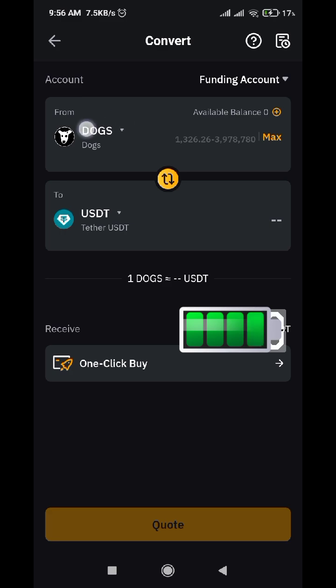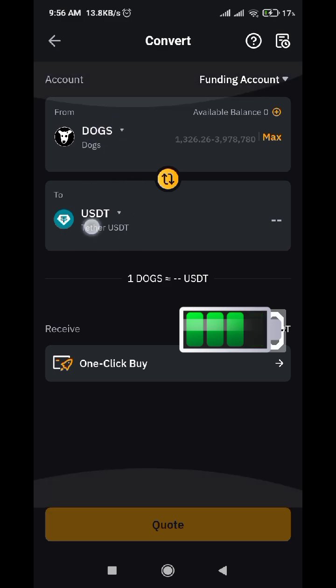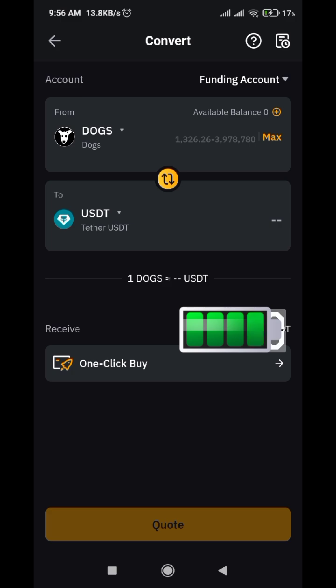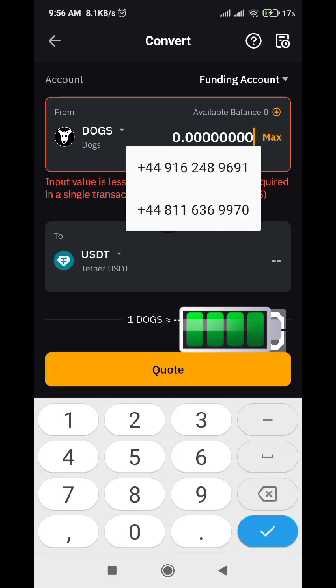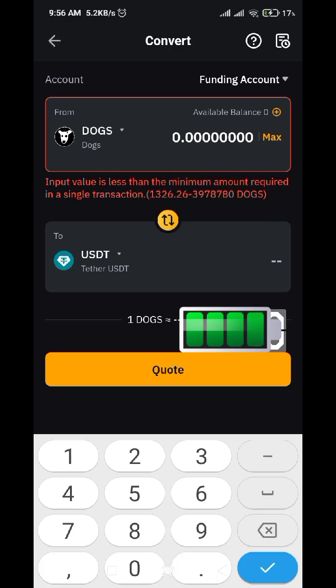Take for instance, you want to change from DOGS to USDT. When you click on max, that means it's going to give you the amount you have in DOGS. Then it's going to automatically change it to USDT. Right here in the quote, they are going to charge some fees that will be used for the exchange.